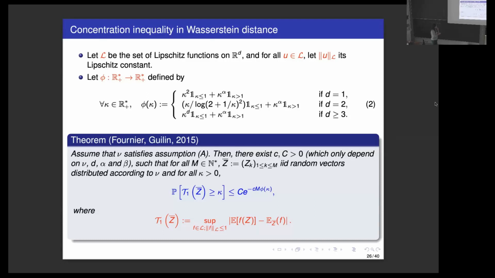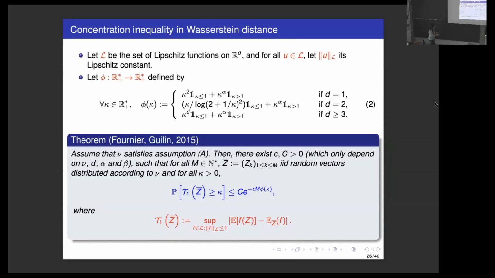So what does the theorem of Fournier-Guillin say? Let M be a positive integer and Z bar be a collection of M iid random vectors sampled according to the probability law nu. Consider the following quantity, which I denote by T1 of Z bar.